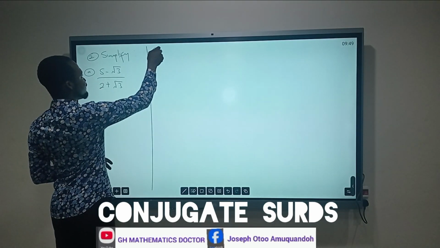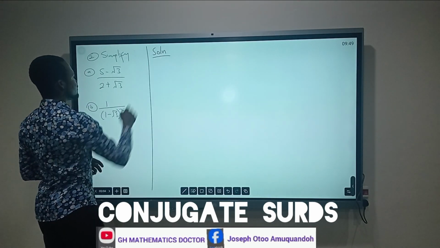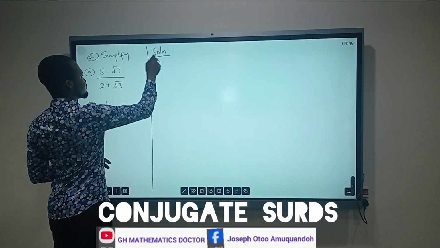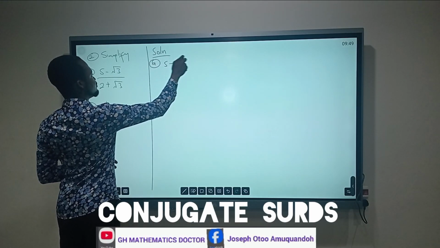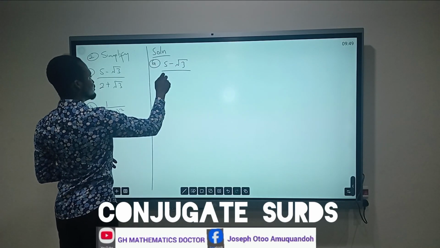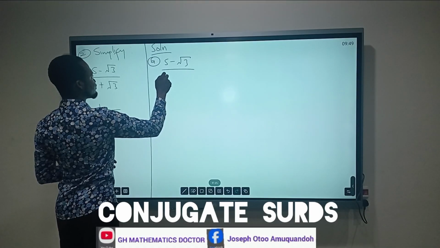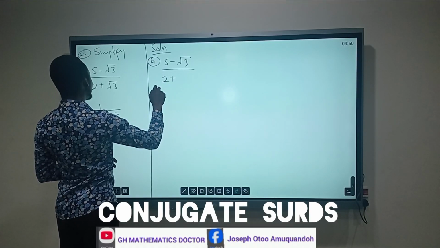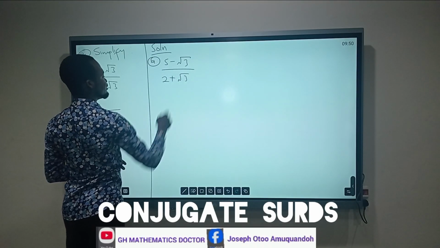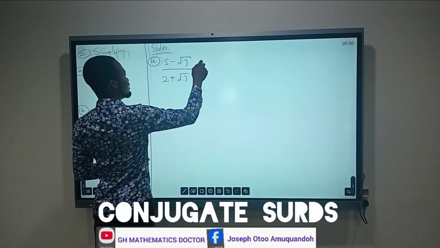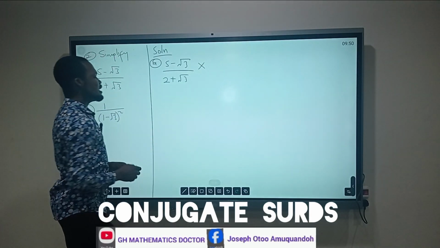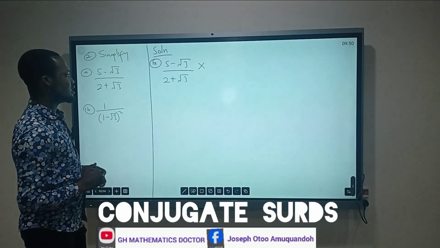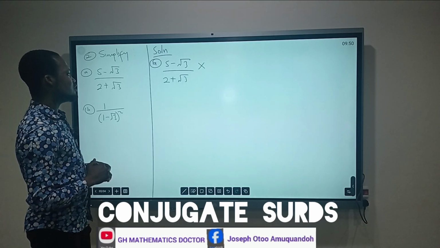The solution for the first one is 5 minus root 3 over 2 plus root 3. We change the sign in the middle to form its conjugate, then we multiply it by the same fraction.